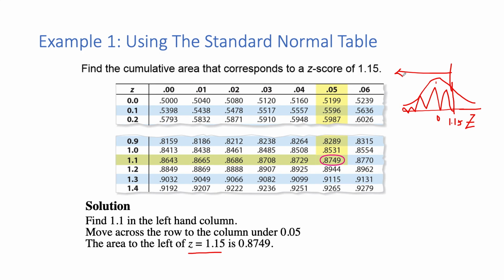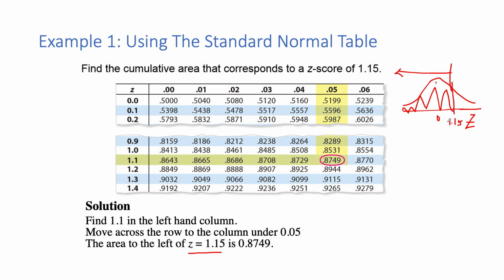That's crucially important to recognize: the table is always telling me cumulative areas, and the accumulation starts from the left tail. So if I start from the left tail of the normal distribution and walk all the way up to 1.15, I would have covered 0.8749, or 87.49% of the area under that curve.